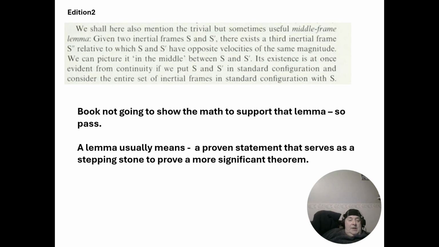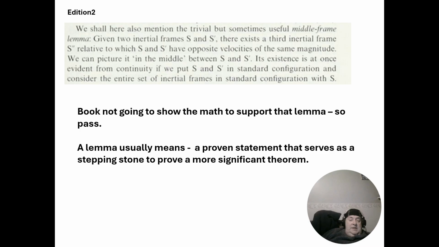The book carries on, it says, we shall here also mention the trivial but sometimes useful middle frame lemma. Given two inertial frames, S and S prime, there exists a third inertial frame, S double prime, relative to which S and S prime have opposite velocities of the same magnitude. We can picture it in the middle between S and S prime.